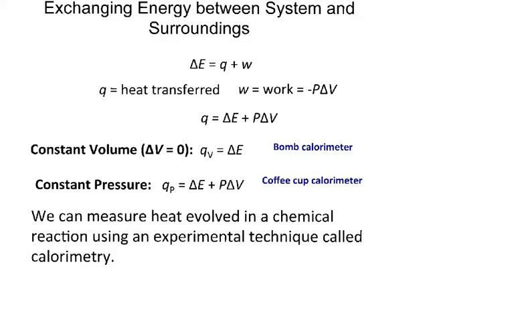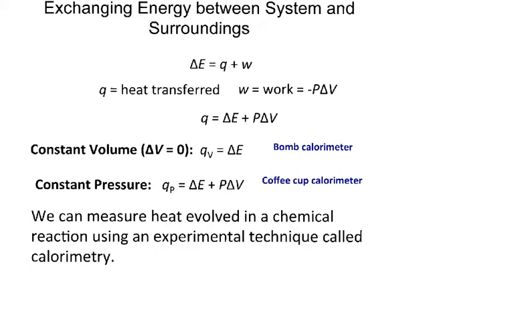Okay, so now that we've thought about both Q and W, it's time to think about how internal energy is measured experimentally. We're going to talk about two conditions: those under constant pressure and those under constant volume.